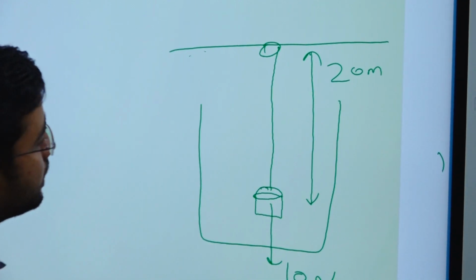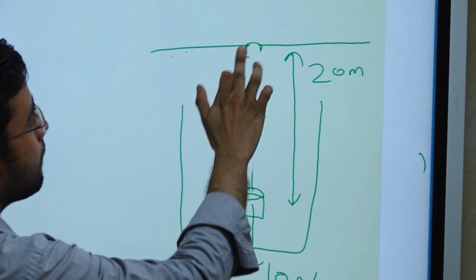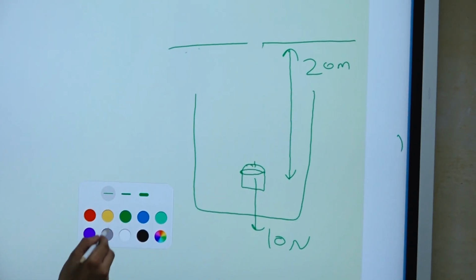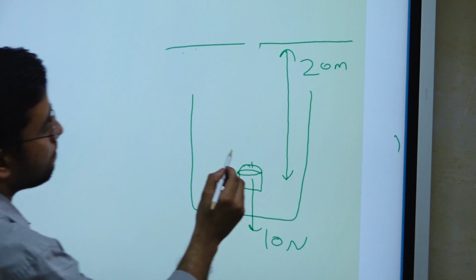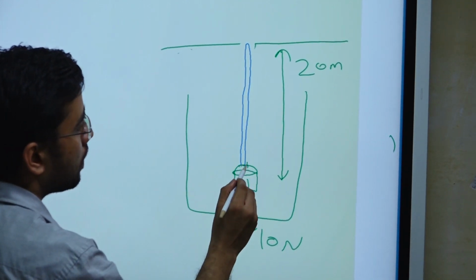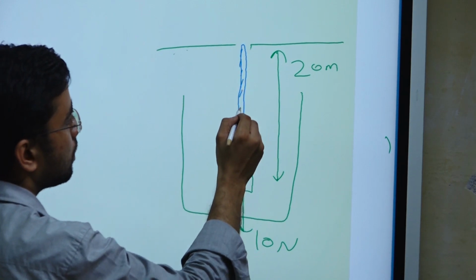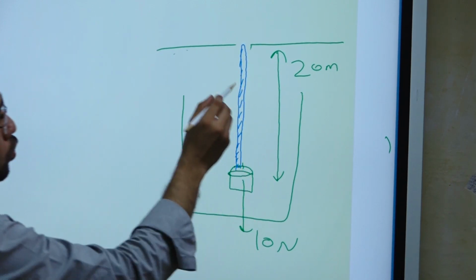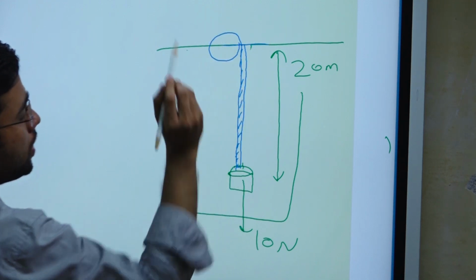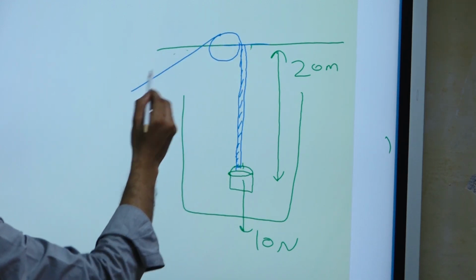So this rope itself has some weight. If I make this diagram again, this is a rope, and it has some weight. It is a pulley, and with the help of the pulley you are pulling it.